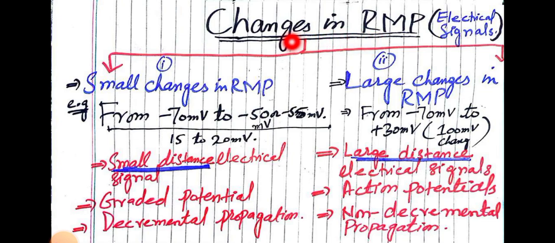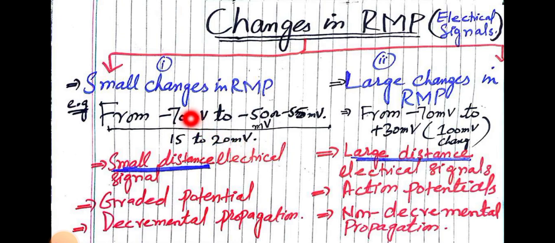If changes in resting membrane potential are in a small range, that is 15 to 20 millivolts, for example, resting membrane potential changes from minus 70 to minus 50 millivolts, then the potential difference developed is 20 millivolts.